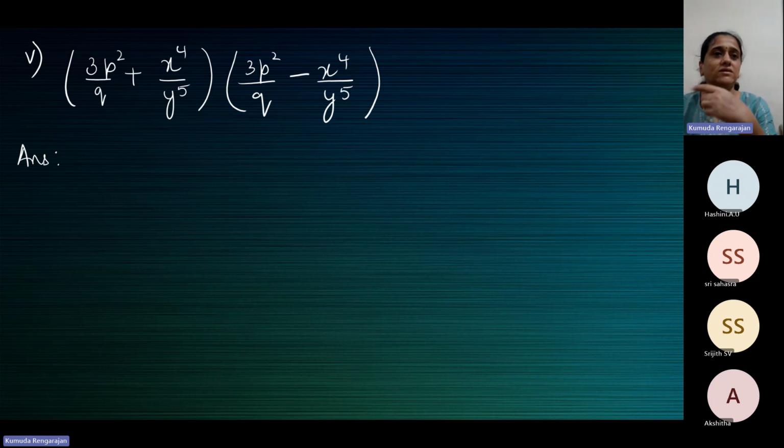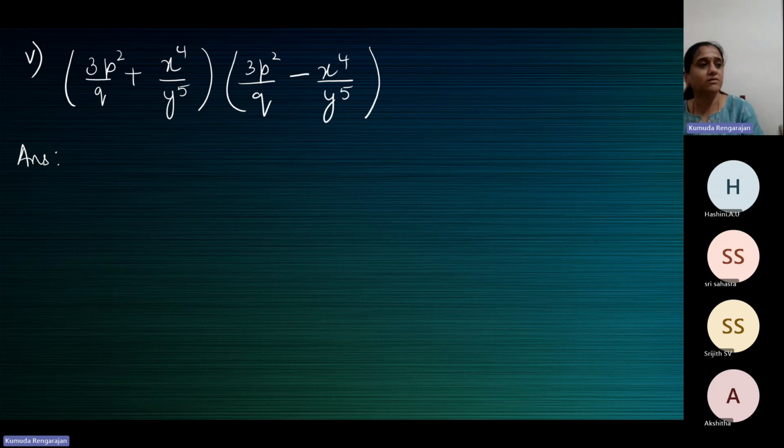So a plus b into a minus b. No, Navni? a square minus b square. No, that's not identities. You should say both the LHS and the RHS. First identity. Ma'am, a plus b into a minus b is equal to a square minus b square.